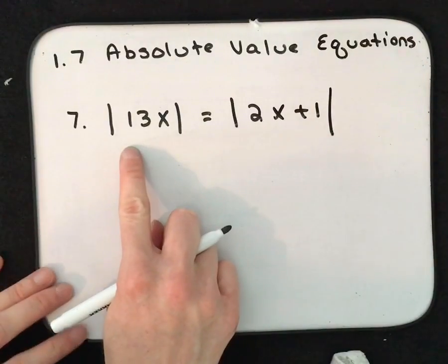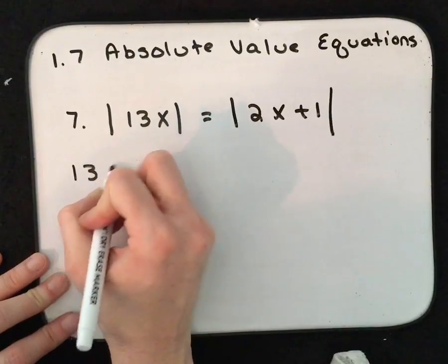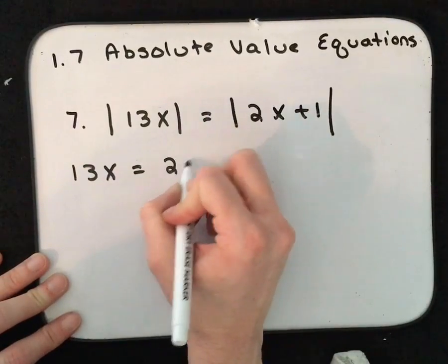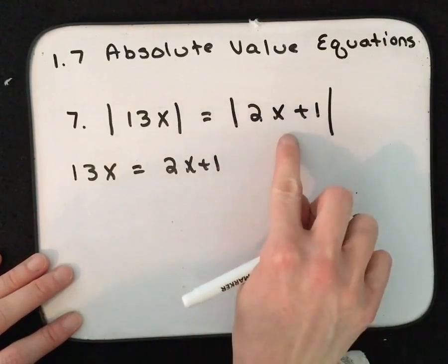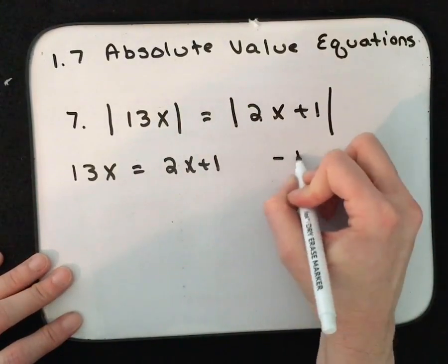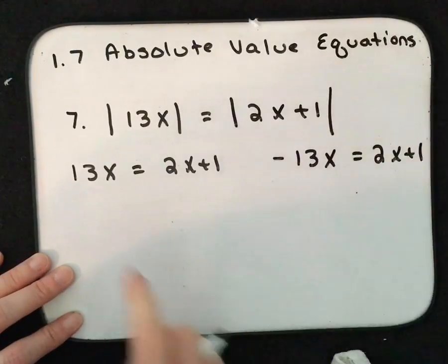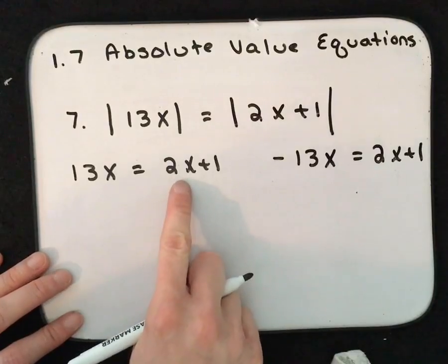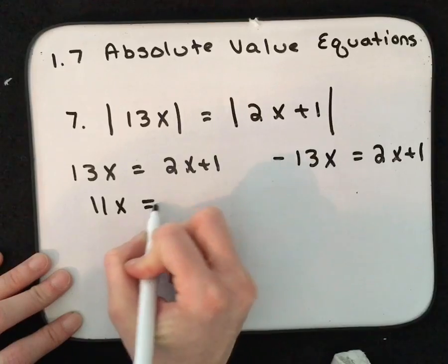So this means that I have 13x equals 2x plus 1, or I'm going to put the negative on this side because then I don't have to distribute it. So negative 13x equals 2x plus 1. So now we solve both of these. Moving my 2x over, 13x minus 2x gives me 11x.